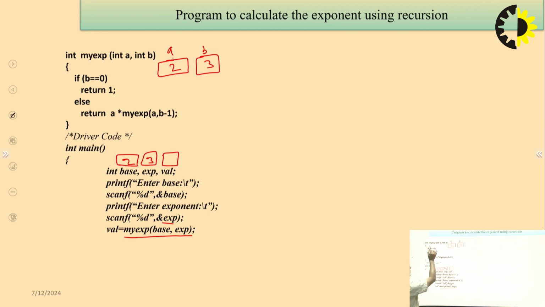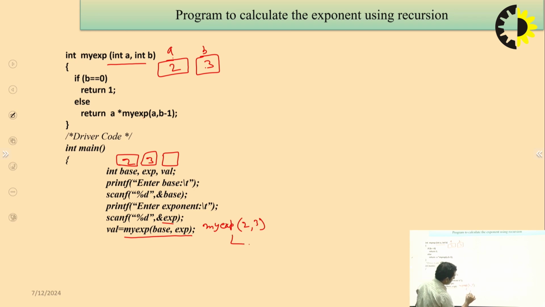Now our control is in this definition part. Now compare b equal to 0, no. So this condition becomes false, and control goes into the else part, then returns a into my exp. So the first call of my exp is for the values 2, 3.